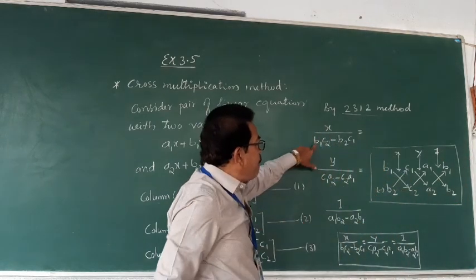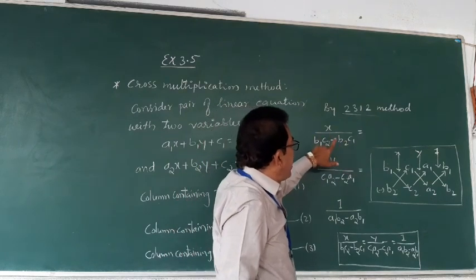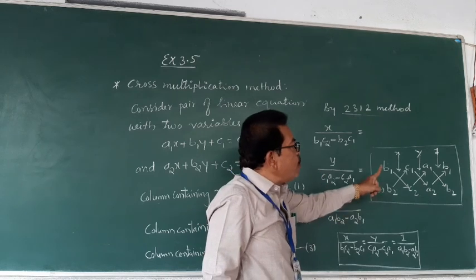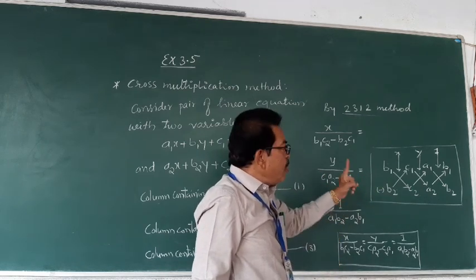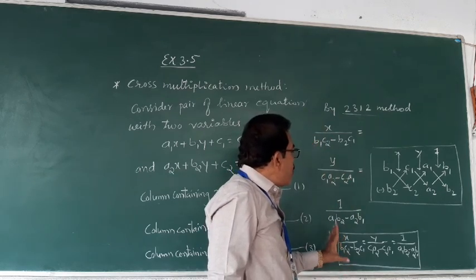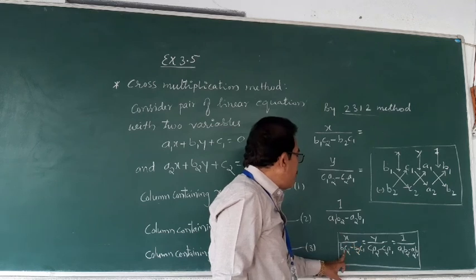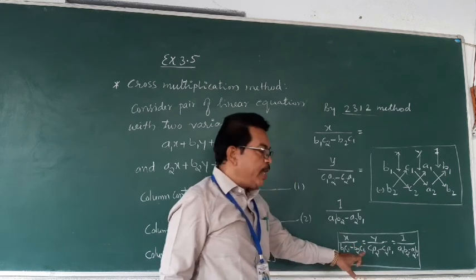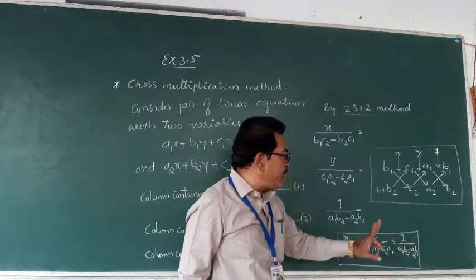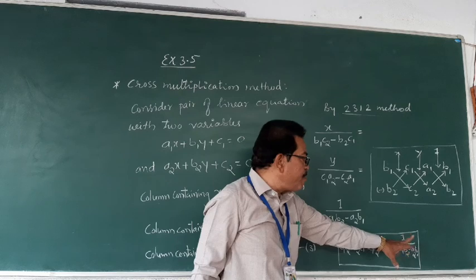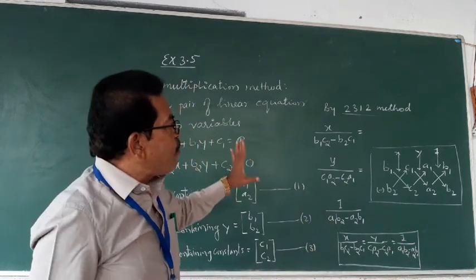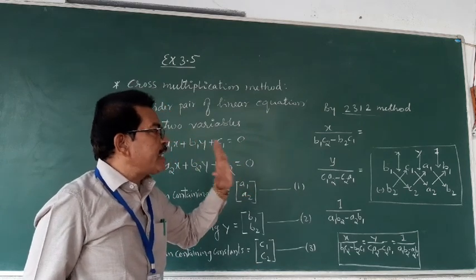The arrow marks will show you how to multiply. At last we get the formula x divided by b1 c2 minus b2 c1 equals y divided by c1 a2 minus c2 a1 equals 1 divided by a1 b2 minus a2 b1. See attentively in what way I have set the formula.